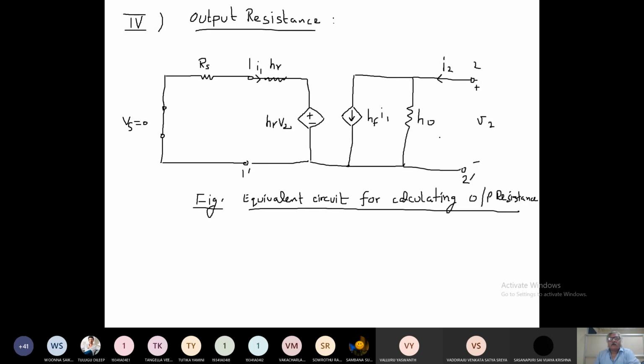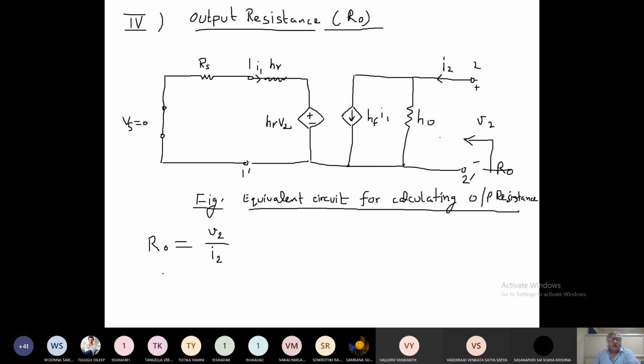Output resistance we will calculate at this terminal, so we write this is R0. R0 will be equal to V2 by I2.